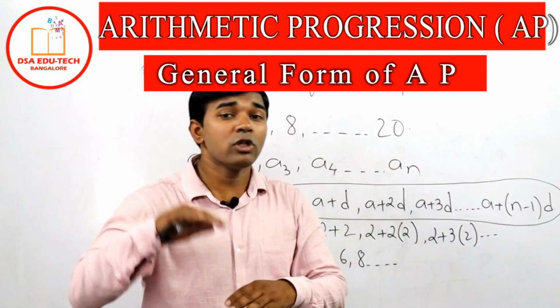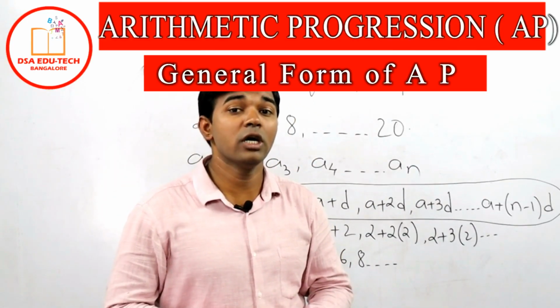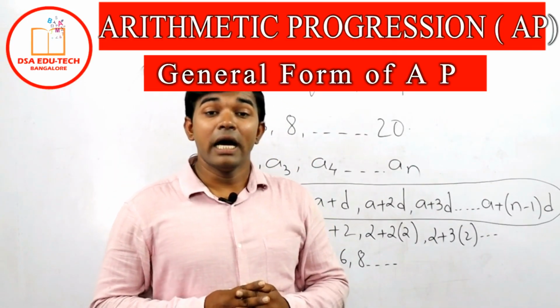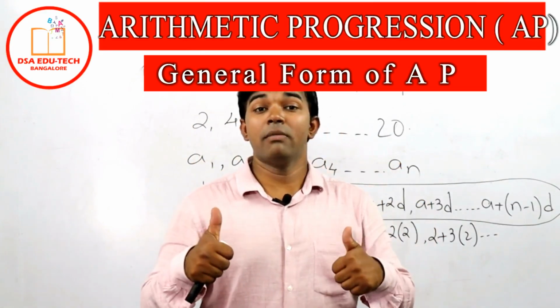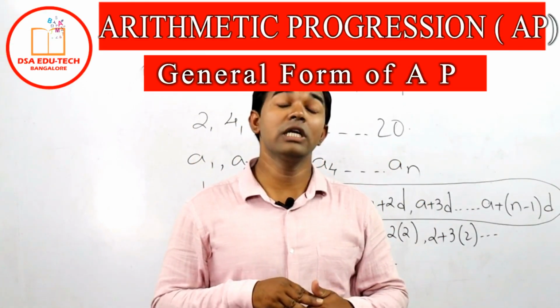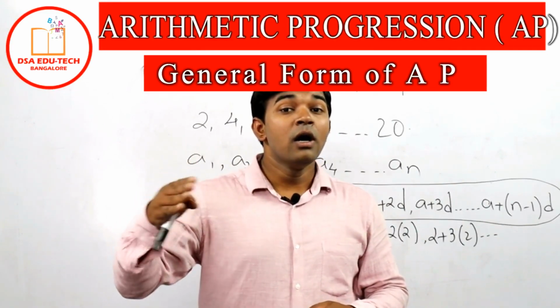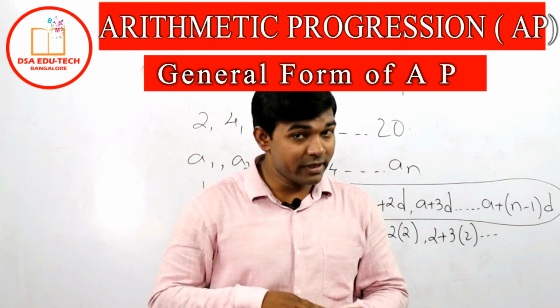I am very hopeful that every one of you has understood the general form of an AP, and I want everyone to keep it in mind, because this is very important. It will help you to solve exercises 1.2 and 1.3, right?